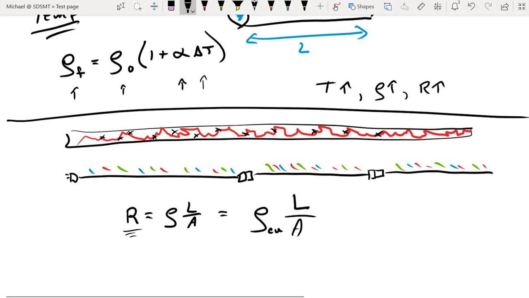Well, if the resistance goes up, then the chances of having more collisions as we pass through that wire goes up. And so it's sort of a vicious cycle here of the wire just getting hotter and hotter and hotter until ultimately it fails. And that could happen in one of two ways.